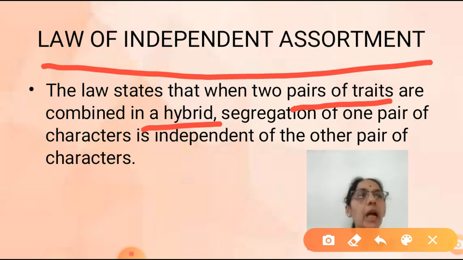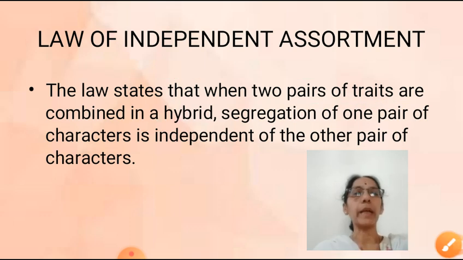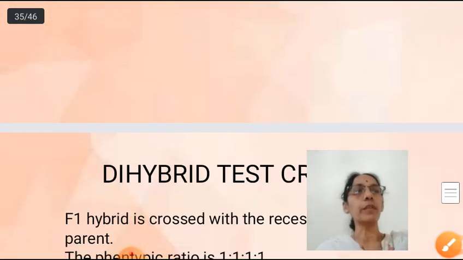That is why along with the parental combination, we are getting new combination. What was the new combination we got? One is of round green, another one is wrinkled yellow. That is why this law is called as law of independent assortment. It states that when two pairs of traits are combined in a hybrid, segregation of one pair of character is independent of the other pair of character. This is the third law of inheritance.